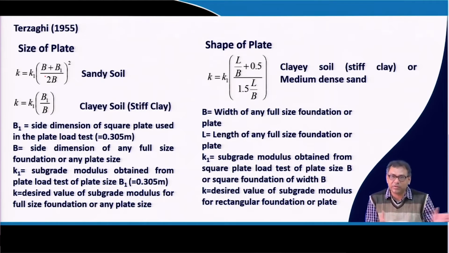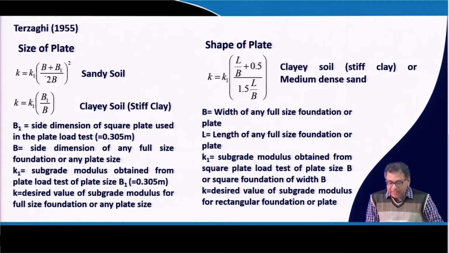I have discussed those limitations, that if the soil is a layered soil, if it is not a homogeneous soil, then also you have to use these data with some caution. Then if it is unsaturated soil, that means capillary rise may be possible, and for clay soil, this is a short term test, and clay soil has long term behavior. So, then also you have to use them with some caution. So, those limitations that I have discussed will still be applicable here also.